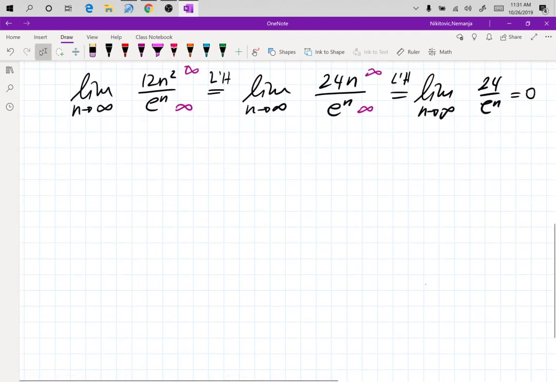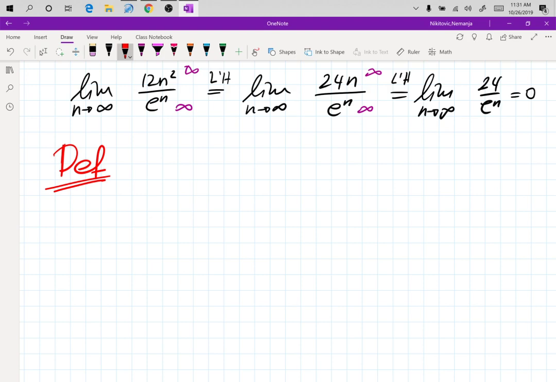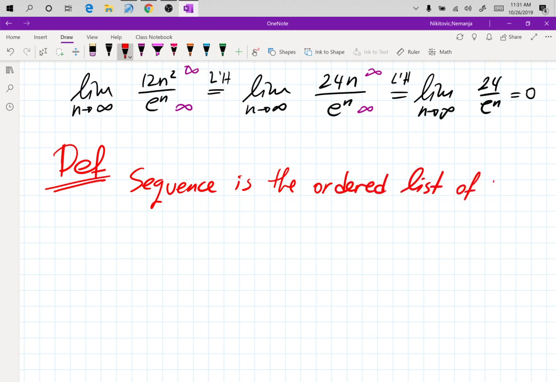Okay, cool. So now it's time for us to define the creature from the title, a sequence. A sequence is the ordered list of numbers.